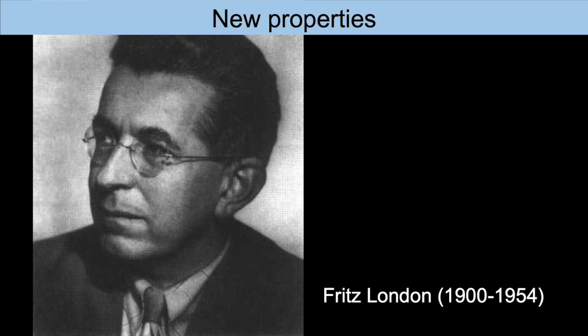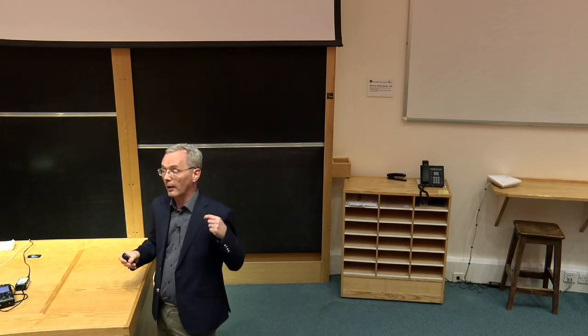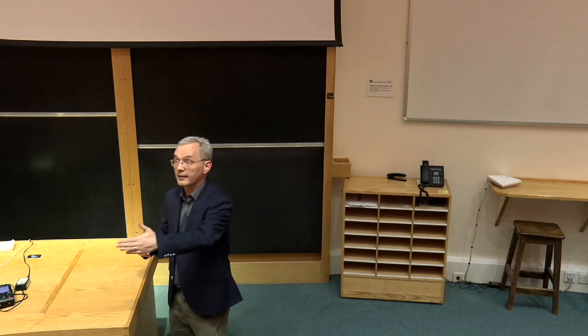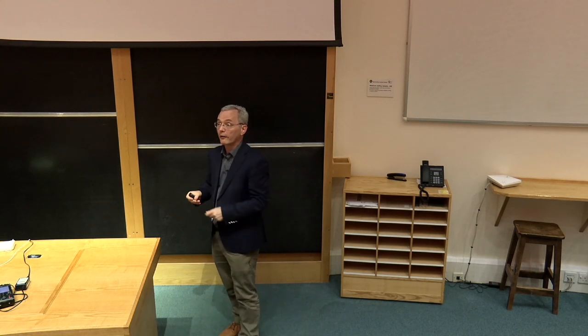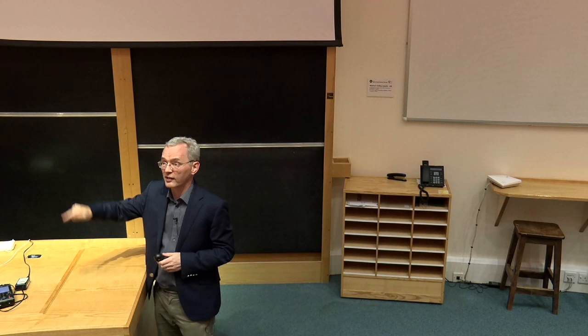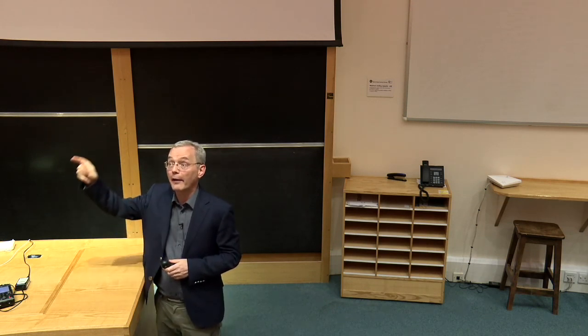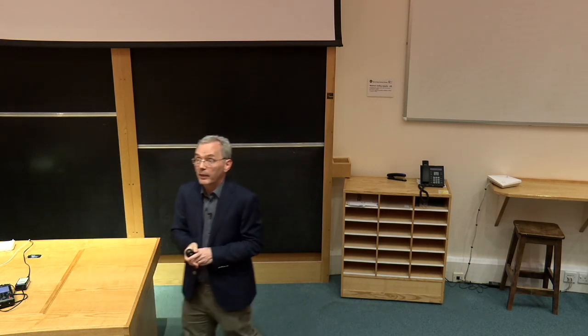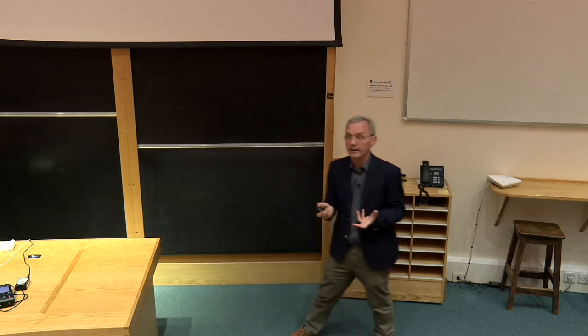While he was here in Oxford, he came up with a crucial theory about superconductivity, realizing that electrical current can be conducted by a superconductor forever and ever with no resistance in exactly the same way that electrons go around an atom forever and ever. And the reason is because they're in a quantum coherent state.